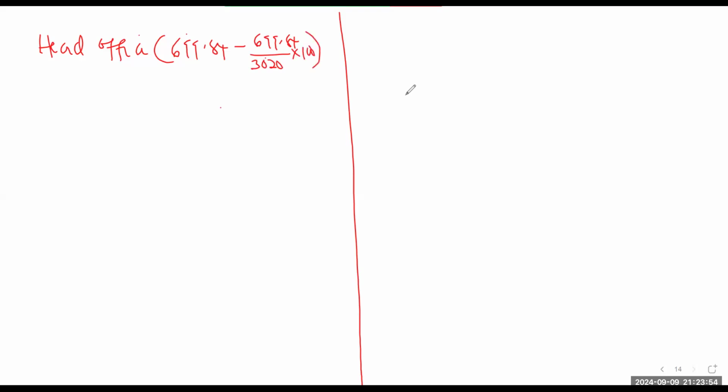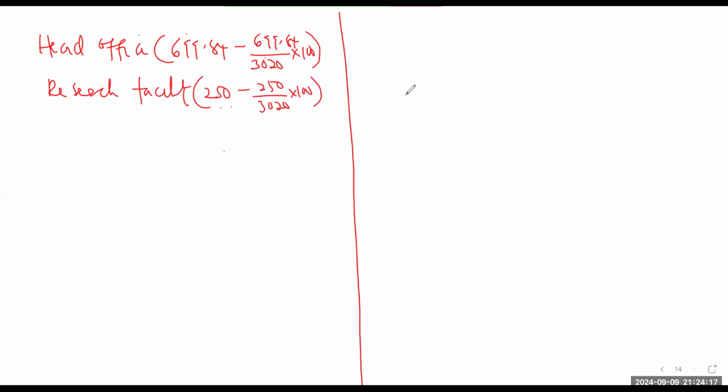That will give you the carrying value. And the research facility will be treated as 250 minus 250 over 3020 multiplied by 100.